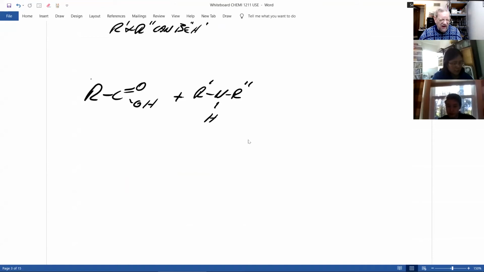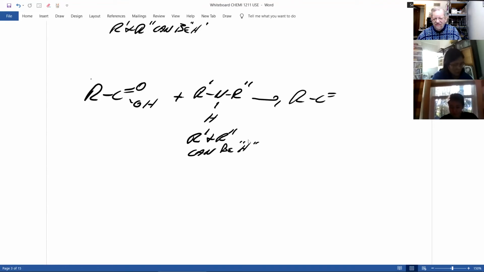Remember, ammonia is NH3, and here R prime and R double prime can be hydrogen. When you react the two together, the hydroxyl group, use that plus this to make water.